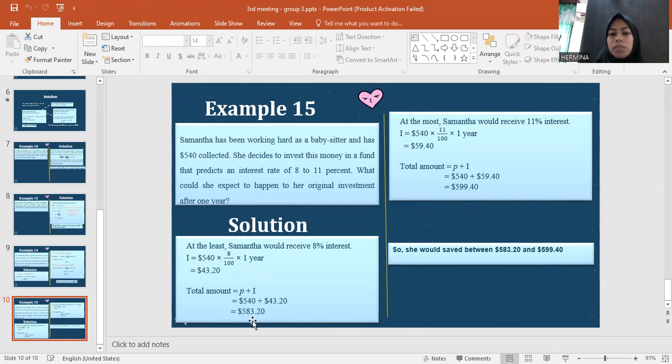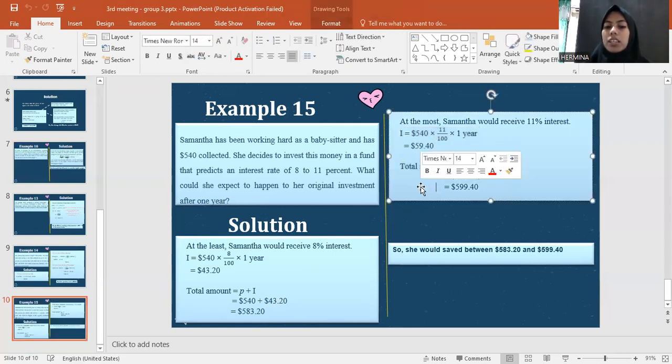Next, the total amount. The formula of the total amount is P, the principal amount, plus I, the interest. So it equals $540 plus $43.20, which equals $583.20. Next, at the most, Samantha would receive 11% interest. So we're going to use this formula again.